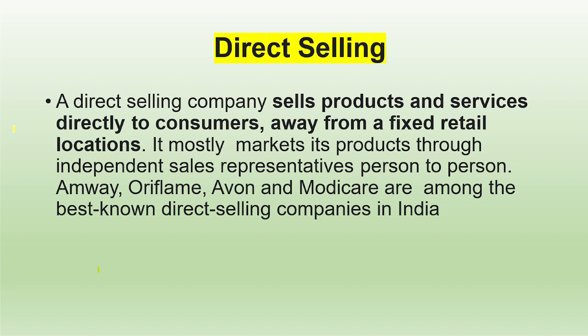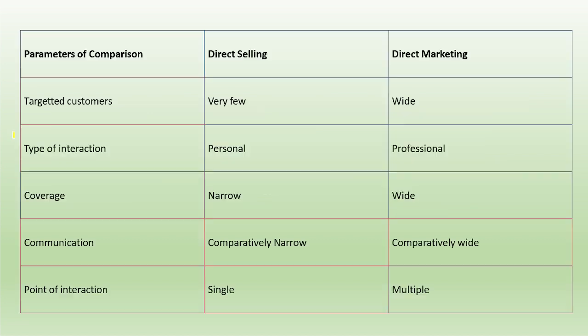There will be different salespeople going and visiting different customers and selling their products. Oriflame, Avon, and Medicare are among the best known direct selling companies in India. These are some examples which are quite popular in direct selling.